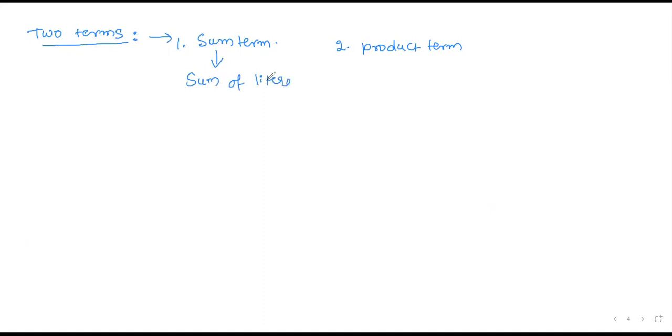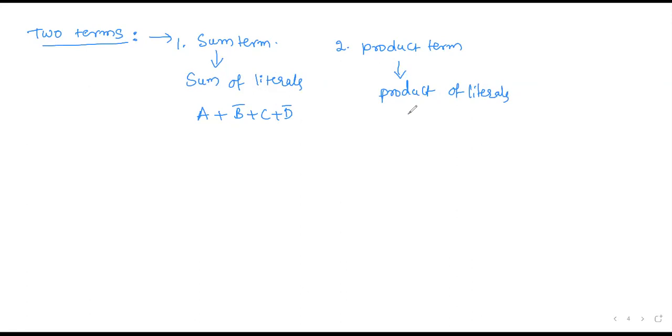Product of literals is product term. Literals means complements and variables. So you can write this as A plus B bar plus C plus D bar. These are sums of literals. This is known as a sum term.